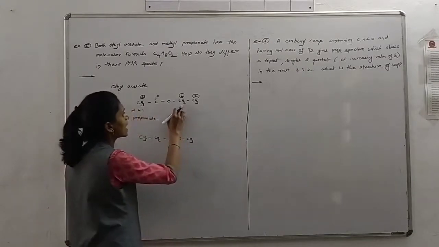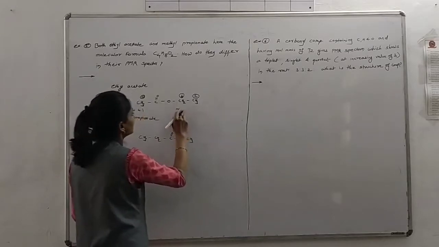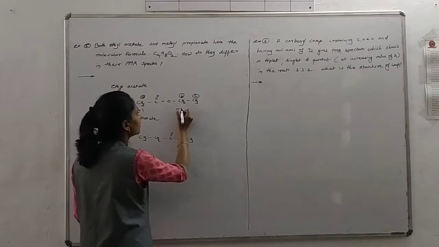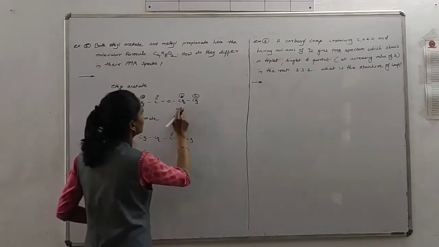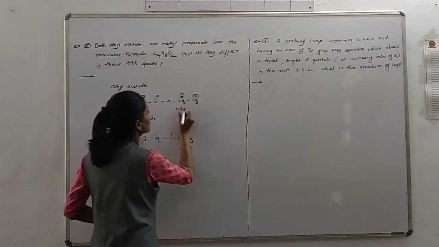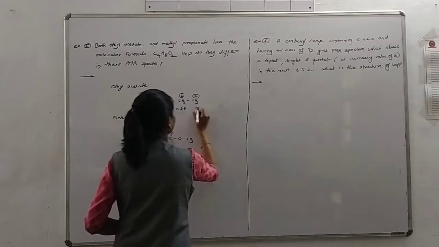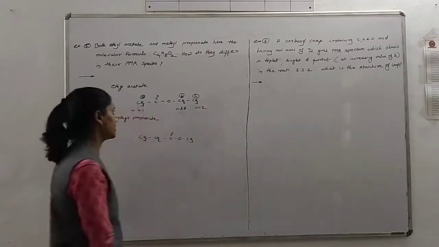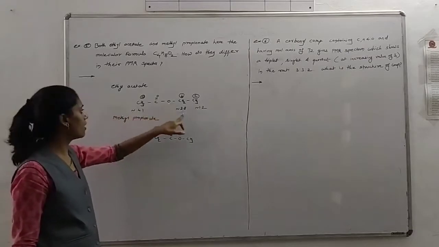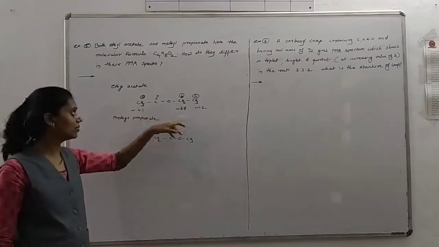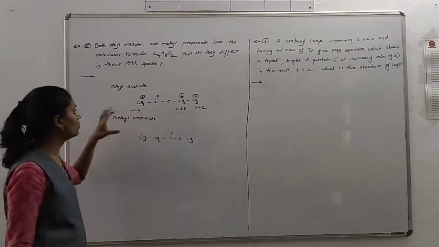This CH2 is absorbed at approximately 3.7 or 2 point something, say 2.8, and this CH3 at nearly 1.2 or 1.3. These 3 signals we have obtained at these chemical shift values. They are approximate values. I do not write a fixed value here.